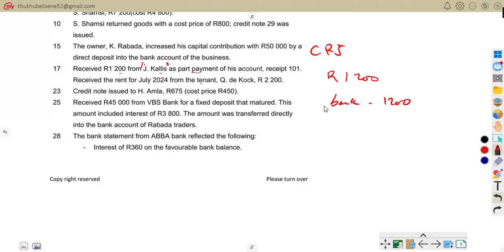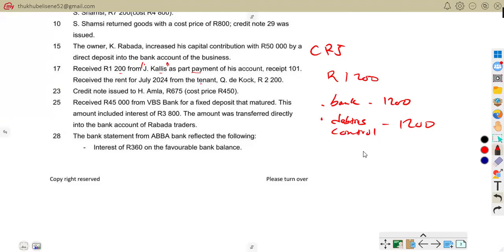And then we're going to have debtors control, a column of debtors control of 1,200, because it reduces what he owes.